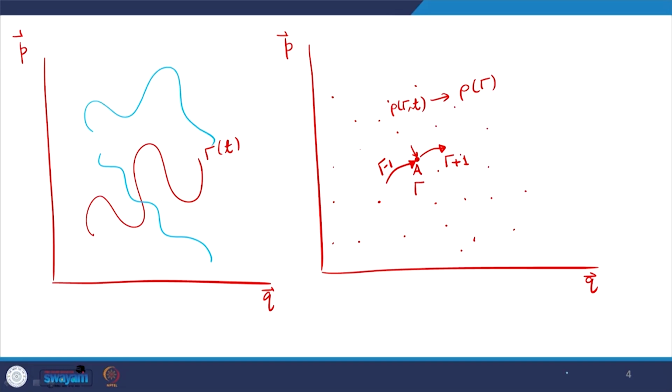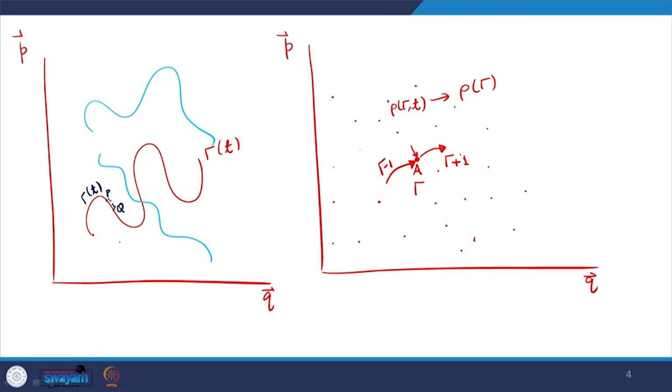What it tells me is that if I am following this particular trajectory, as soon as I leave from here to there, let us say from point P to point Q, something else must come at P.